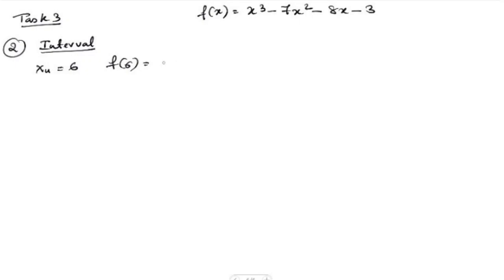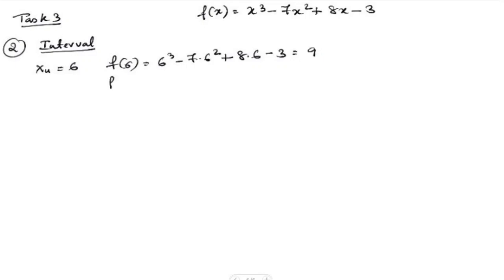If I put 6 there, it will be 6 cubed minus 7 times 6 squared plus 8 times 6 minus 3, and this will give you the value for 6 as 9.